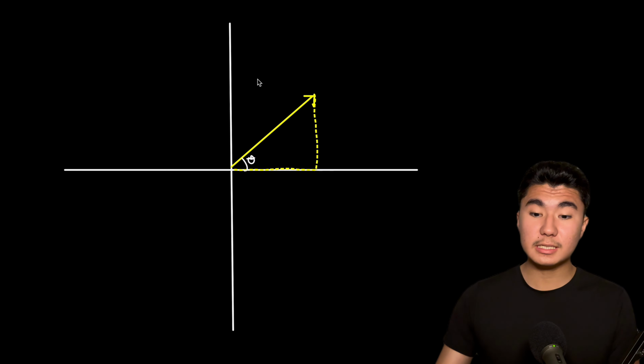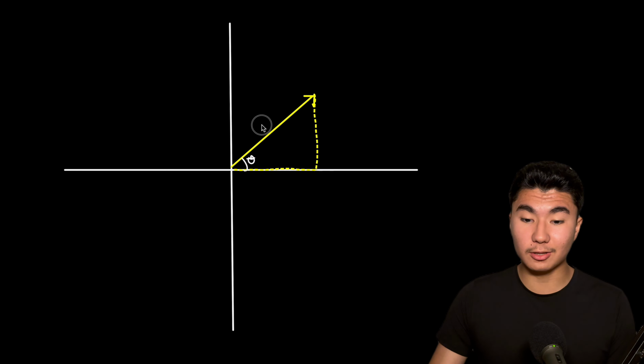And we just said that this big yellow line over here is our displacement. So since we know that's our displacement, and let's just say we were given theta, our y-component over here would be, and we'll just say A_y is going to equal our displacement times sine of theta.